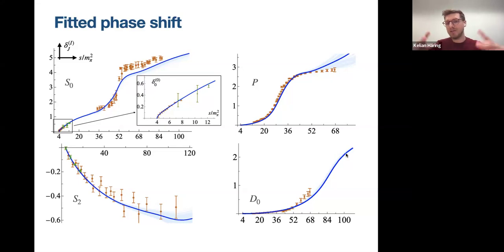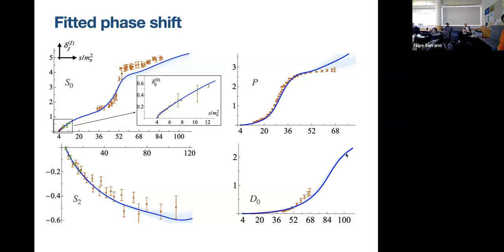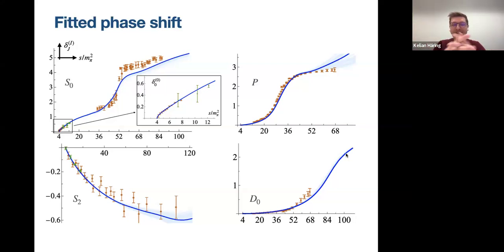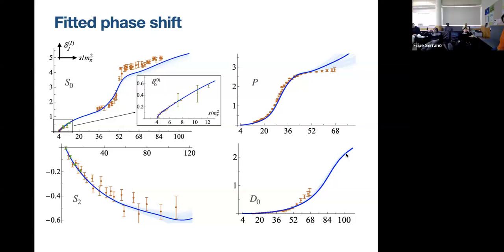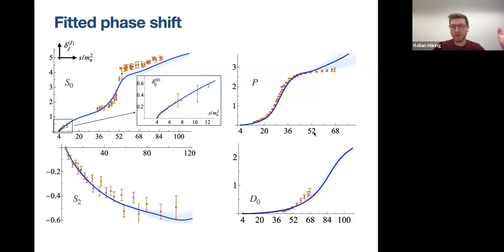We plotted them together as an estimate of the error band of the fitting procedure. The first thing you see is that the amplitude constructed really passes through all the data that we have, at least up to the K Kbar threshold here, and also a bit above.